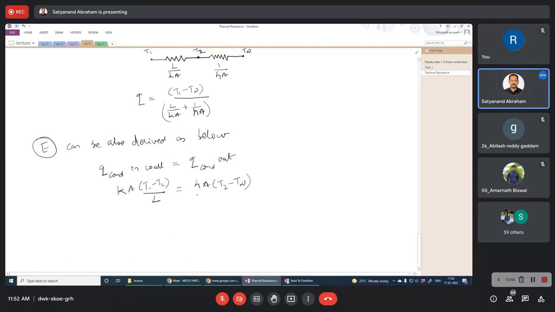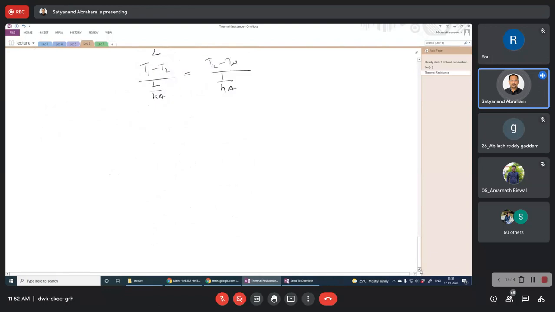Then we can write, in terms of thermal resistance, (T1 minus T2) divided by L by kA is equal to (T2 minus T infinity) divided by 1 by hA.